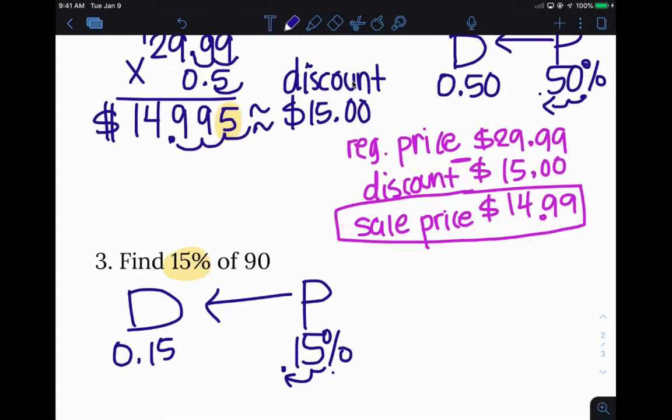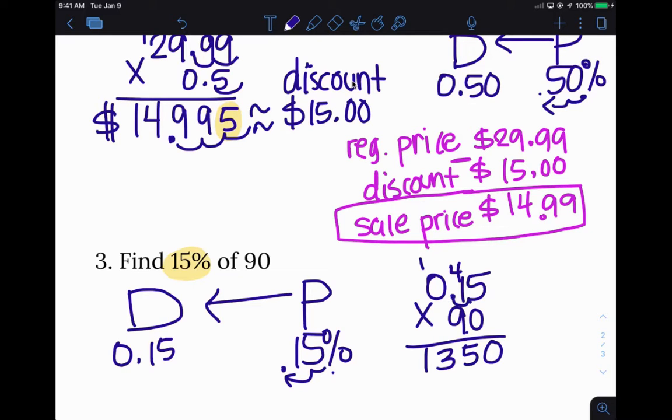We multiply that by 90. So I go 0.15 times 90. 0 times the whole amount is 0. 9 times 5, 45. I carry 4. 9 times 1, 9. And 4, it's 13. I do carry 1. 9 times 0, 0. 1 is 1.